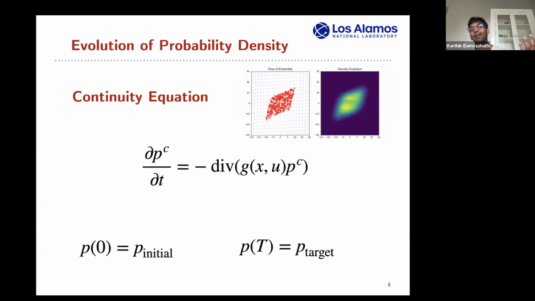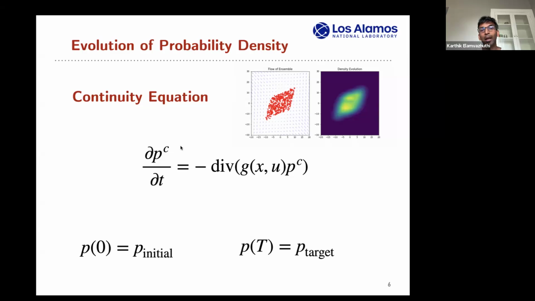So now, as I said, instead of modeling the system in terms of the state of the system, as is classically done, we want to instead frame this problem in terms of the probability density of the system. In order to do that, we need another system of equations which shows how the probability density of the system evolves.